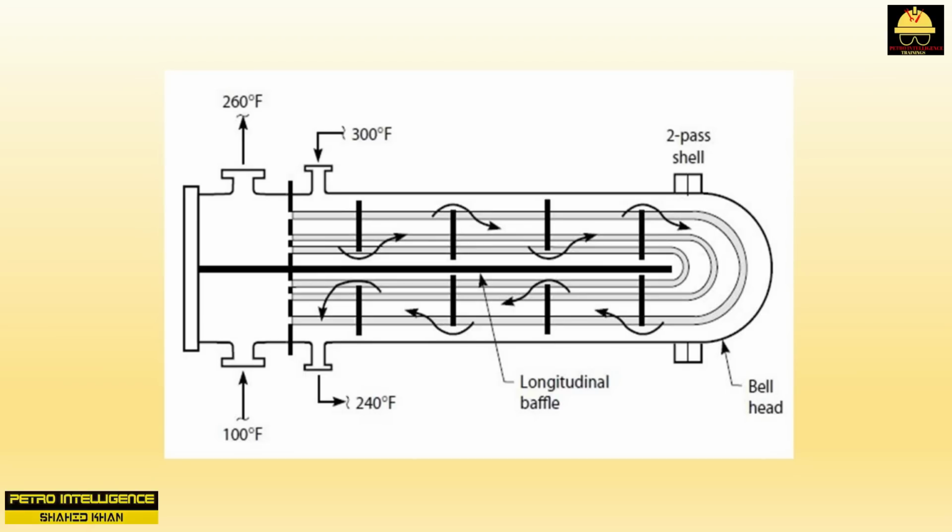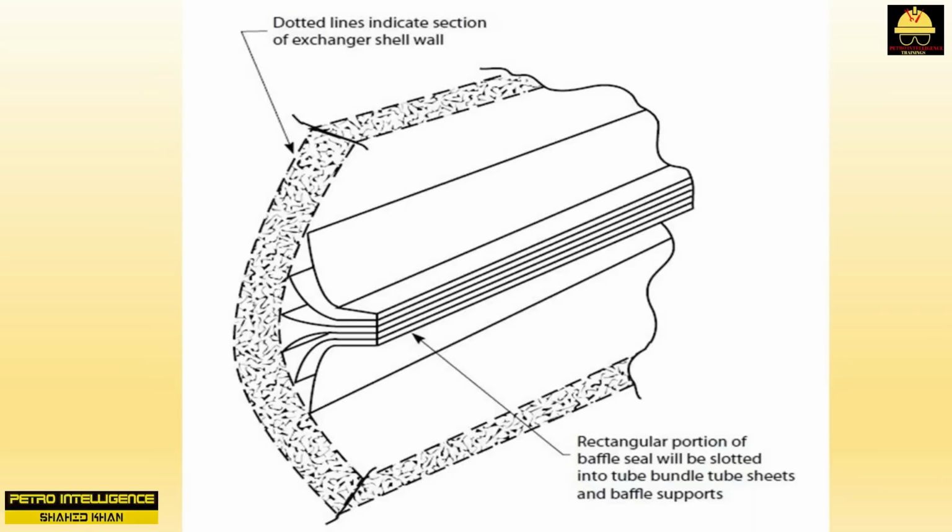side outlet temperature. When new, the longitudinal baffle seal, which is composed of a number of foil strips, extends along the length of the shell. These strips press up against the ID of the shell and effectively seal off the upper half of the shell from the lower half, as illustrated by picture. Unfortunately, the first time the shell is pulled for maintenance, these foil strips are wrecked.